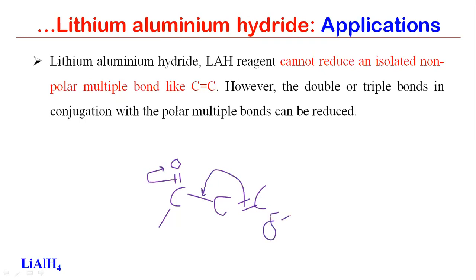So we will have partial positive here and partial negative here. So if a conjugated alkene is there and we are treating it, then that alkene may also undergo reduction. But an isolated alkene generally does not undergo reduction, whereas if it is conjugated, then it will undergo reduction.